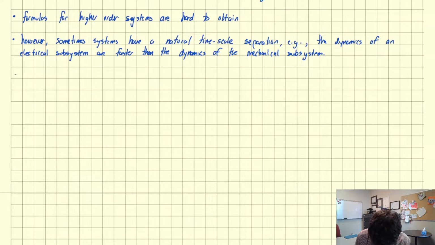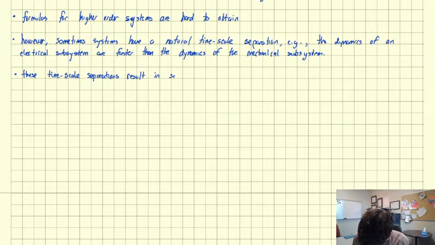So these timescale separations result in some poles and zeros being closer to the imaginary axis.